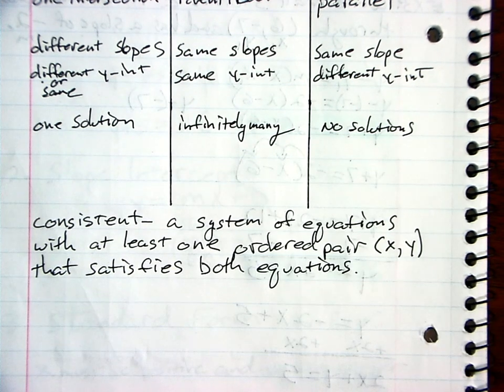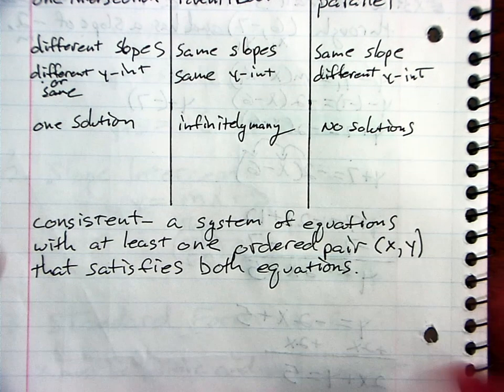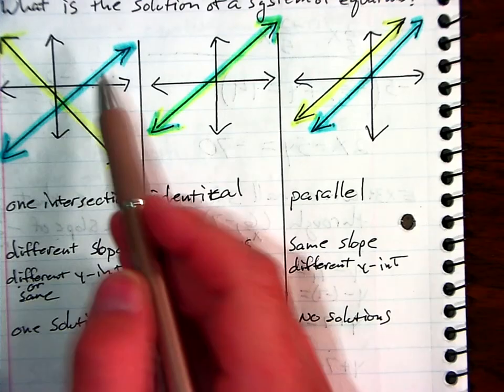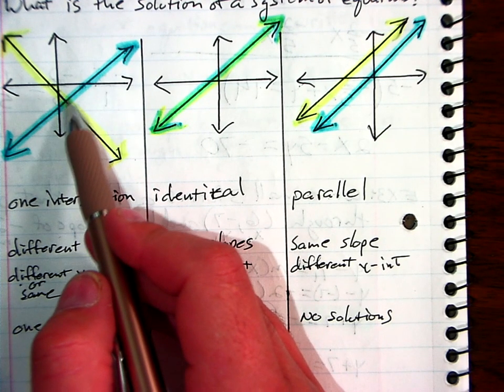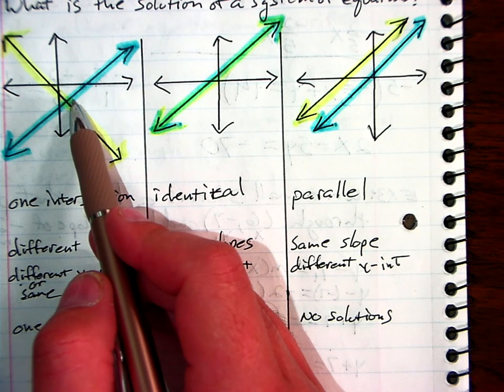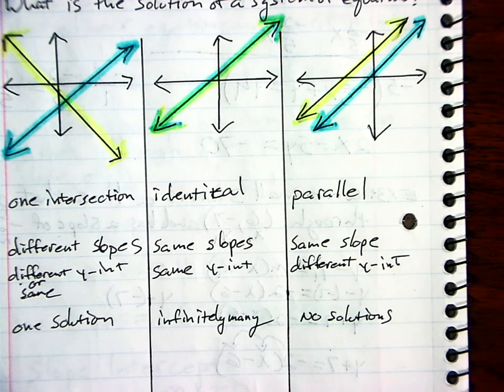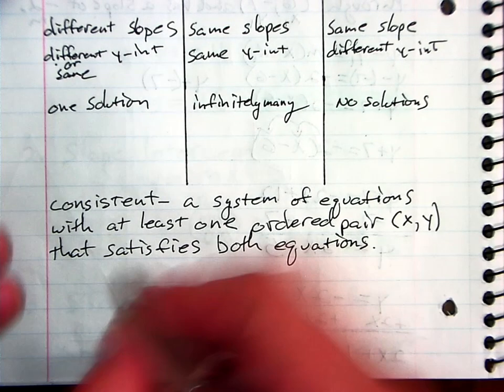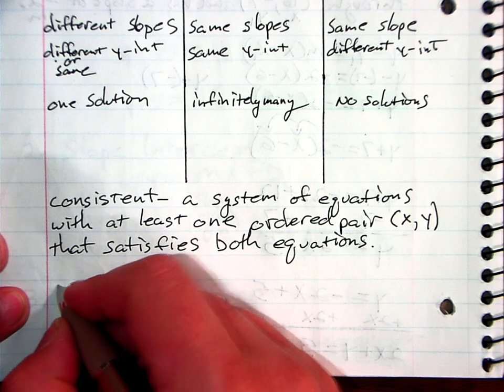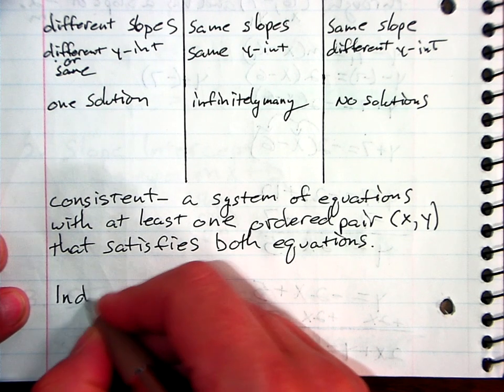And by satisfies both equations, like if you look at the first graph, that point right there is on both lines, correct? So it satisfies both equations. So it just simply means it shares a point. Hopefully that makes sense. All right, time for our other new word, independent.